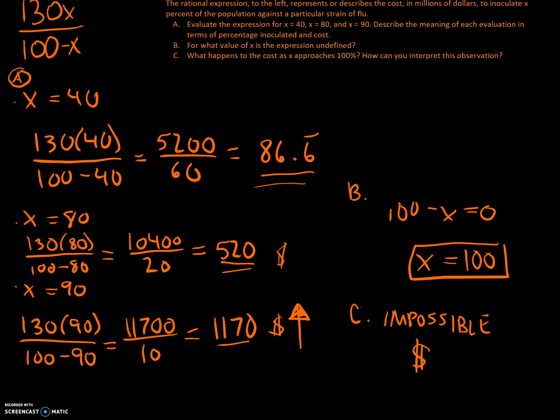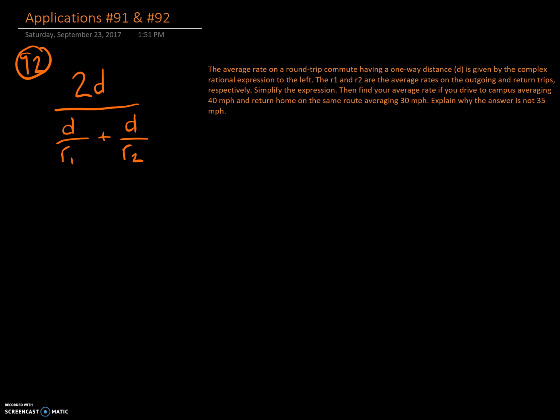All right, let's take a look at 92. So we're going to look at this problem, and basically it says the average rate of a round trip commute having a one-way distance d is given by the complex rational expression that you see on the left. R1 and R2 are the average rates on the outgoing and return trips respectively. So respectively just means that R1 is outgoing and R2 is the return trip.